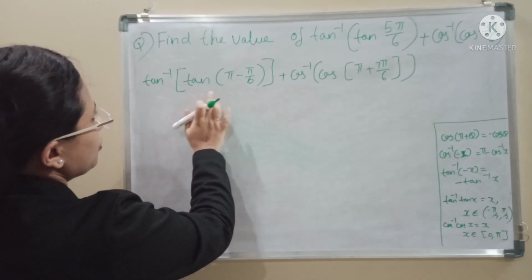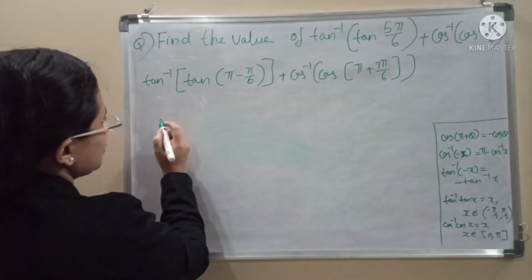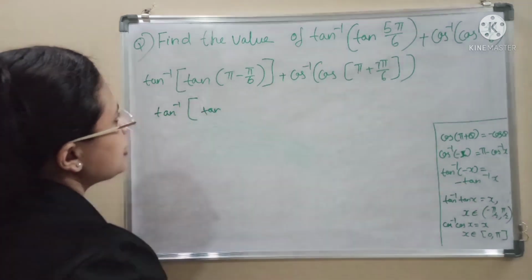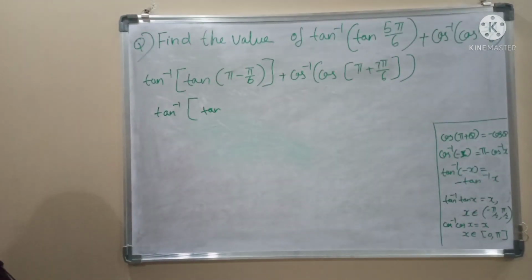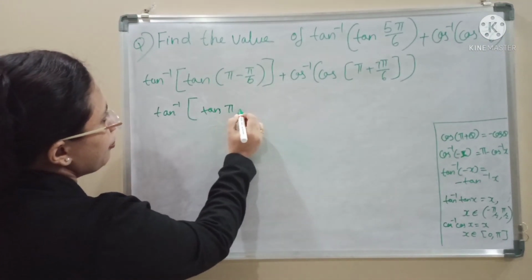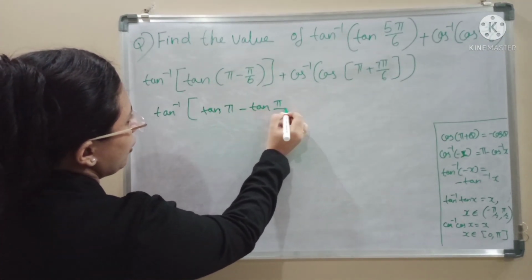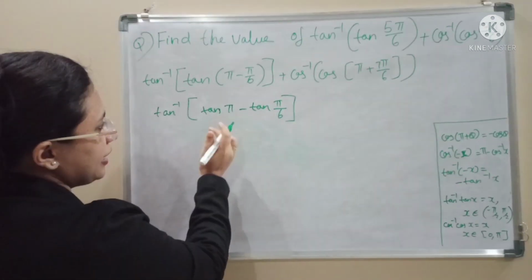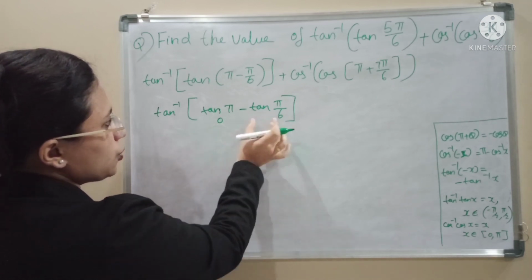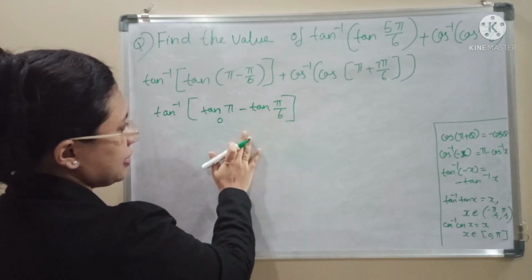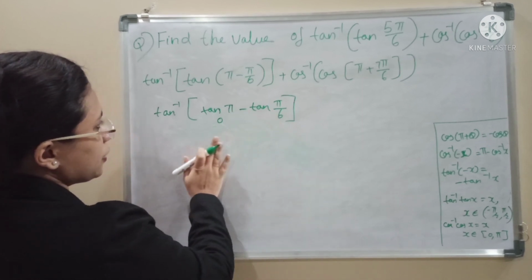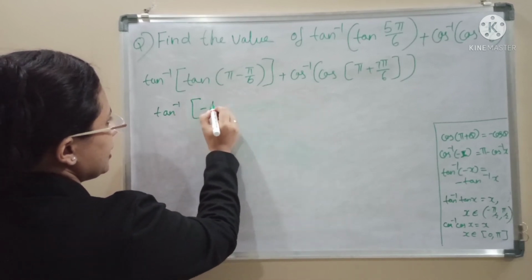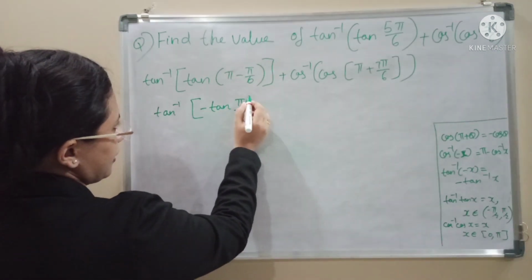Next, we are just simplifying this part. So see here, tan inverse of tan(π minus π/6), so tan π minus tan π/6, right? Tan π is 0, so we'll get minus tan π/6 here.